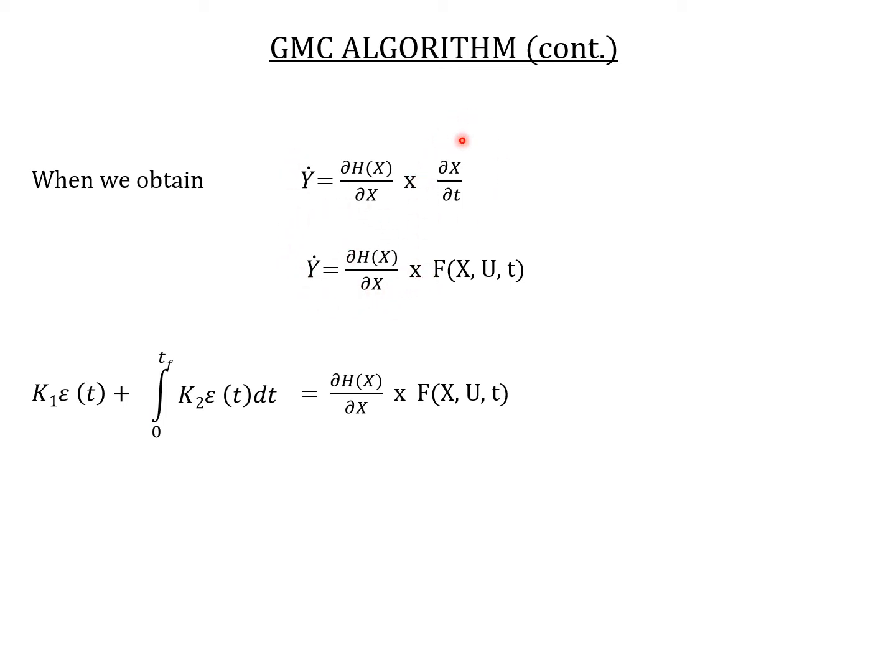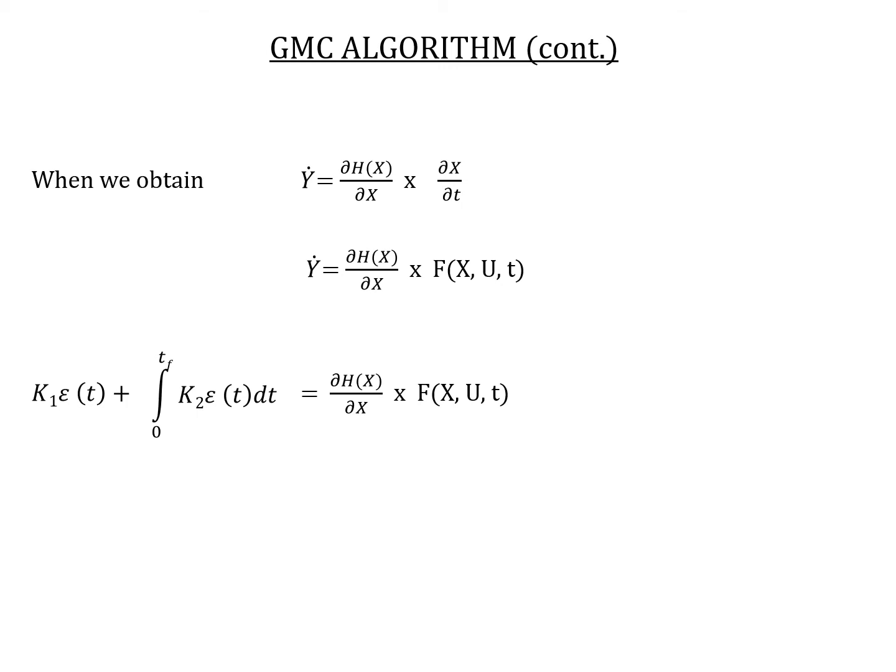You see just now, that's the equation itself, a function of x, u, and t. So the formulation of GMC is basically this one: K1 epsilon plus integral of K2 epsilon equals dh/dx times f(x, u, t). We need to get the u out so that we're able to formulate this in terms of u equals something. That's the most important thing. The equation itself should be linear in control so that we can get the u out of the system.